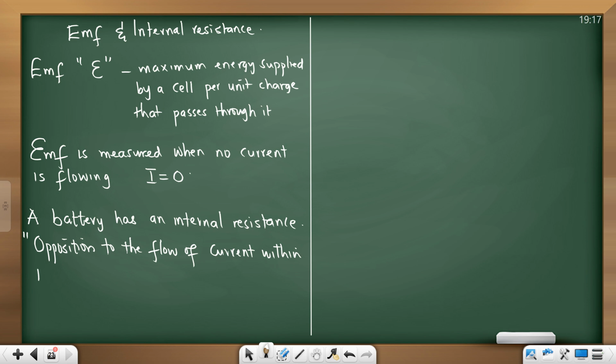When I say cell, I'm talking about one. When I say battery, I'm talking about many. A battery has an internal resistance. And what is internal resistance? Resist means to oppose, opposition to the flow.